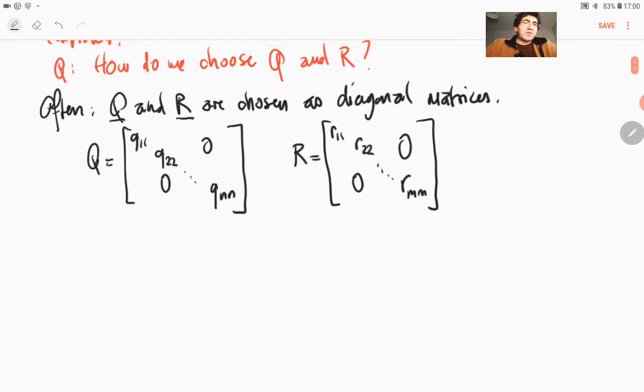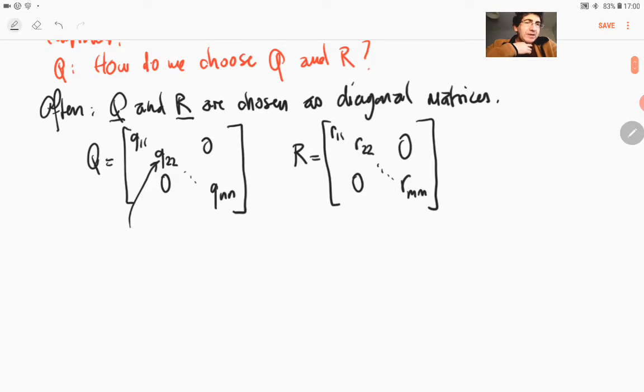For example, having Q2 too large means that you want the second state to go to 0 much faster than the other states.